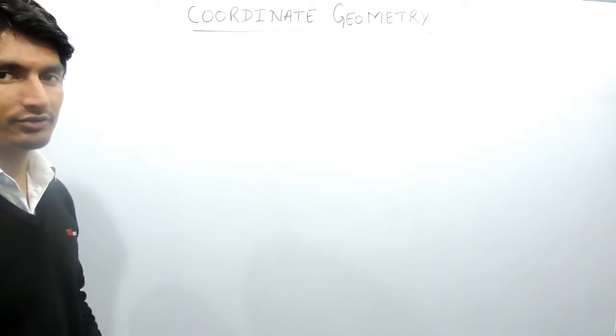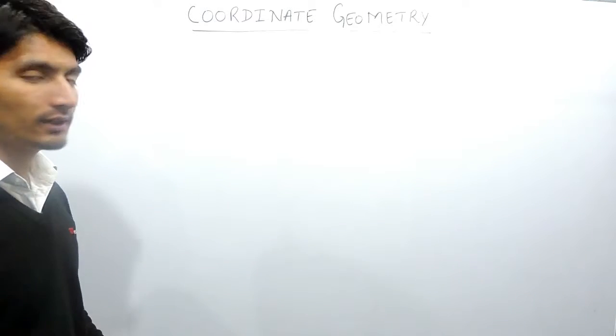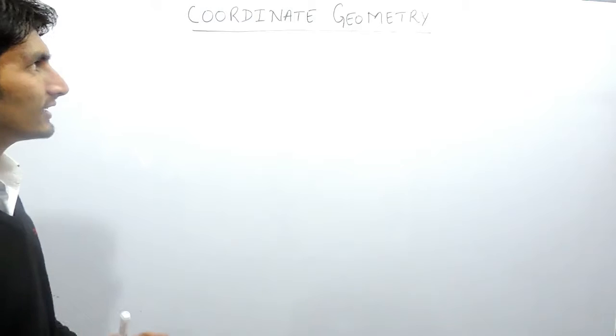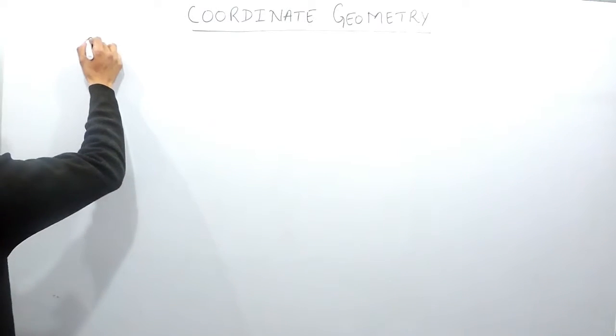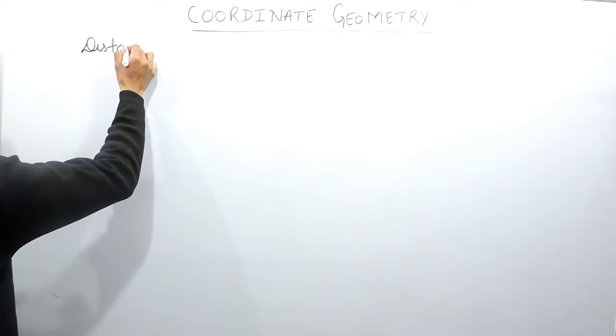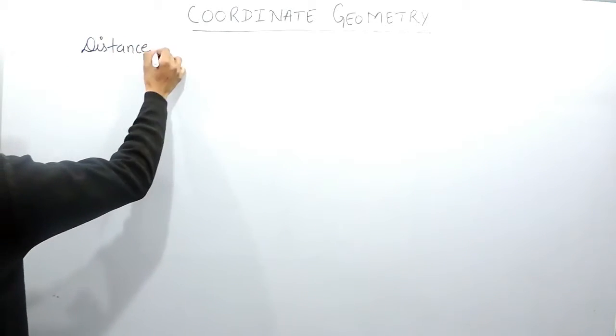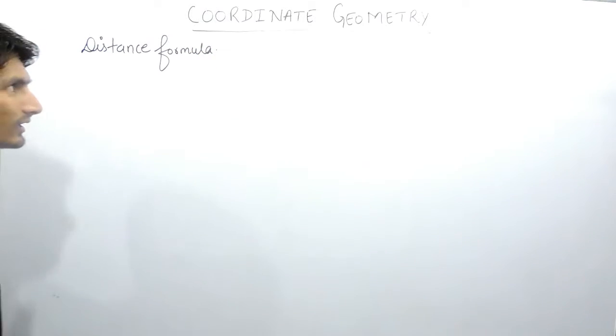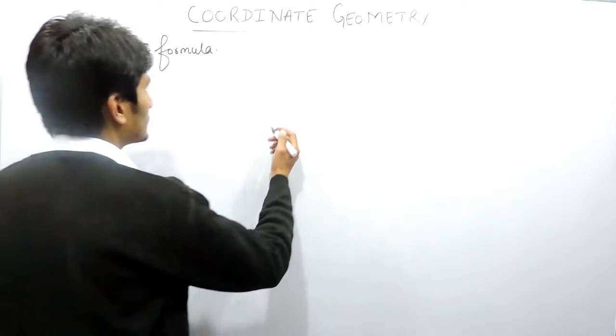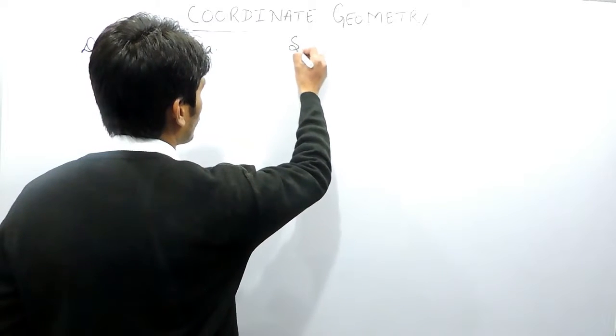In this chapter on coordinate geometry, there are three things in your syllabus. The first is the distance formula. The second is the section formula.